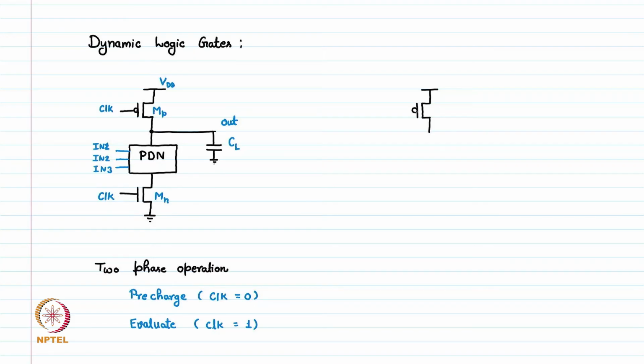This is our PMOS transistor on the top, which we sometimes call the pre-charge transistor, and we make it very thick or very large in width so that it can immediately charge the load capacitor. So this is MP, which is connected to the clock.